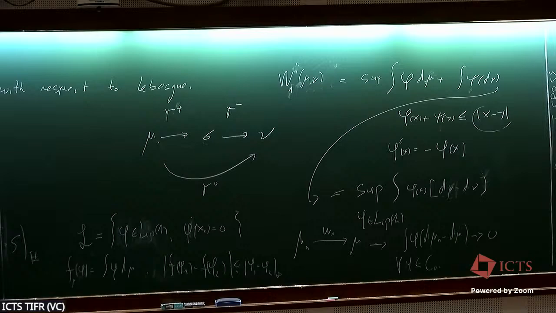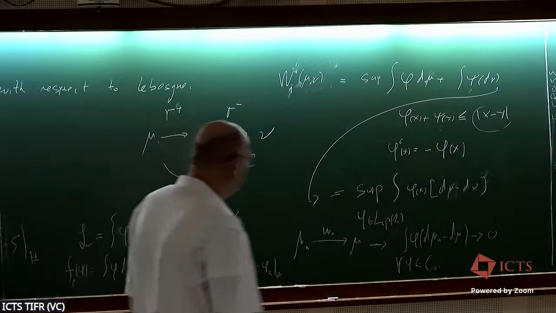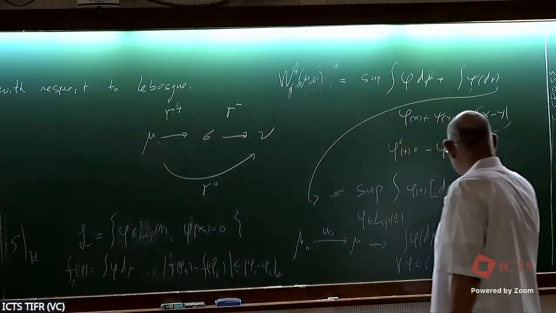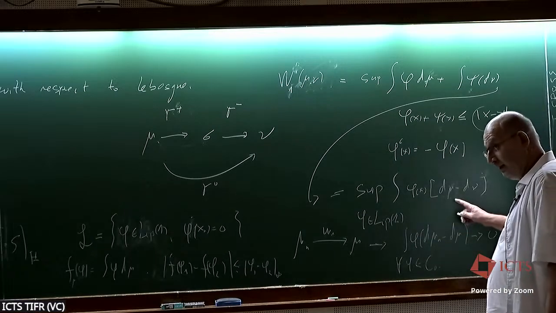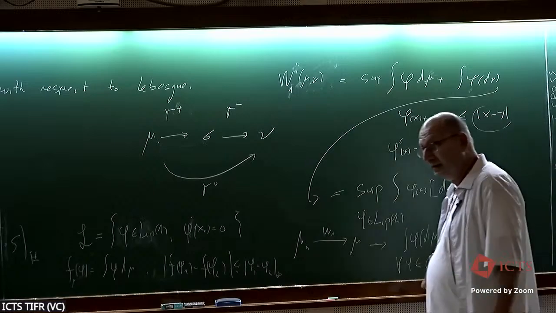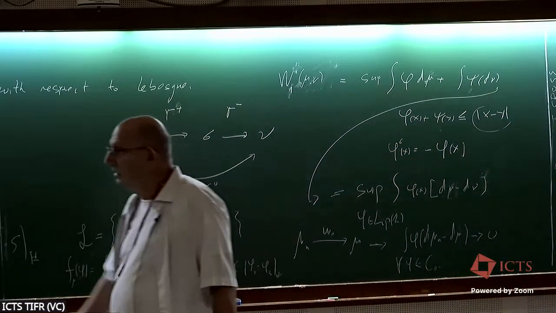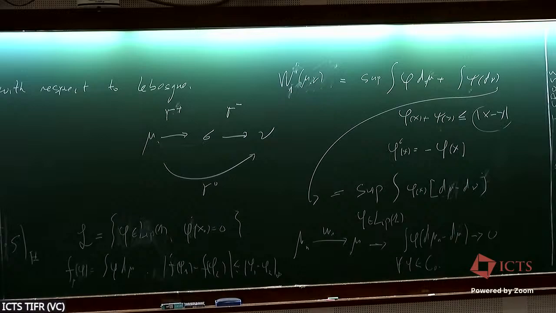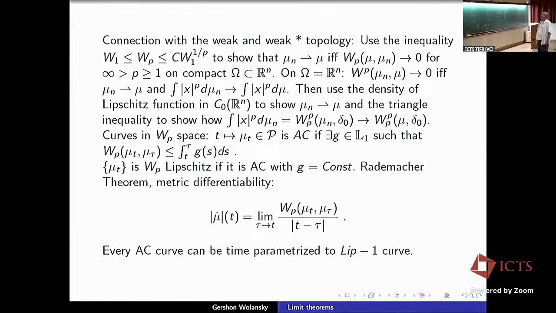Converging uniformly precisely implies convergence of the supremum, so it implies convergence in W1. Okay? So this is the reason why we claim that we have a metrization of the weak star topology by any of the Wasserstein spaces. This is on a compact space. If you go to Rn, for example, then we have to add something.